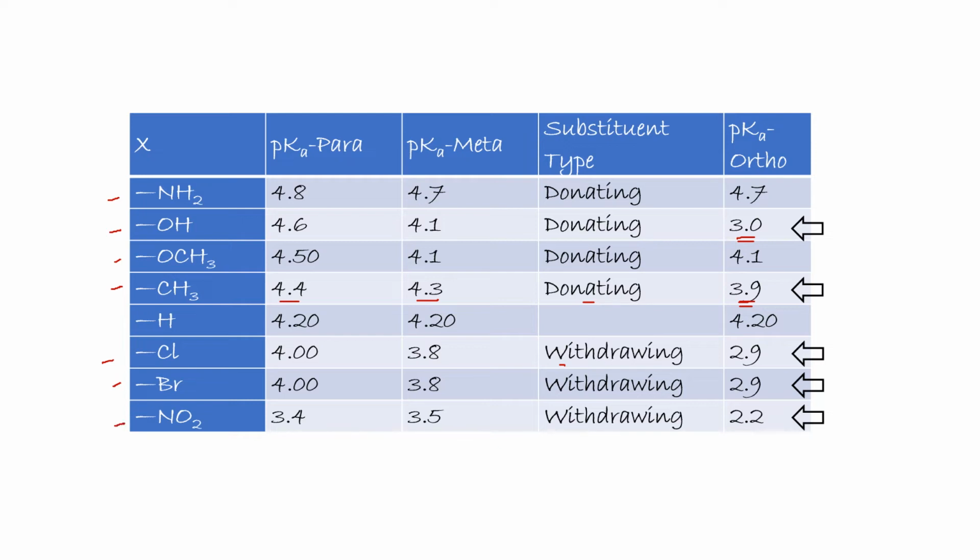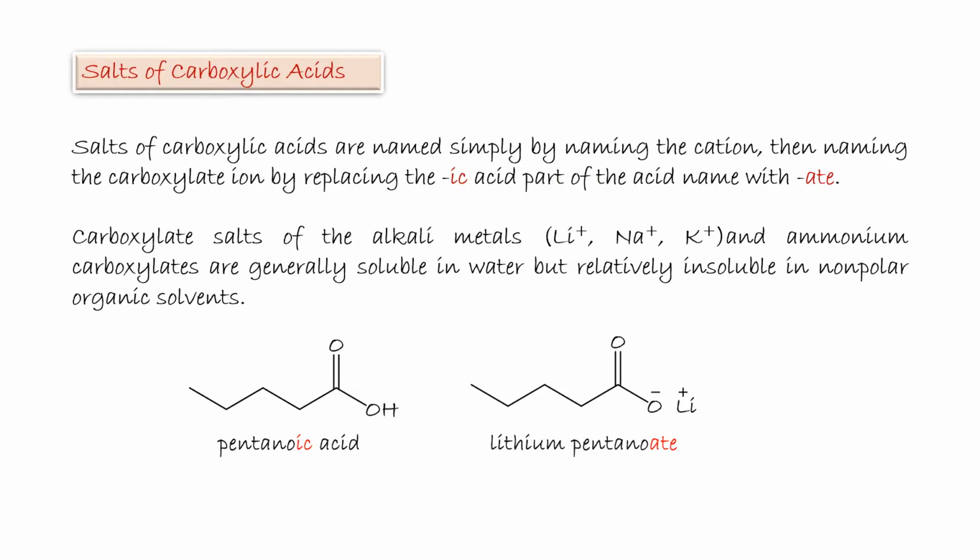The para is 4, and also 2.9. 4 for bromo, again also the ortho analog is 2.9. 3.4 for nitro, 2.2 for the ortho analog. Okay, that's what we call the ortho effect.